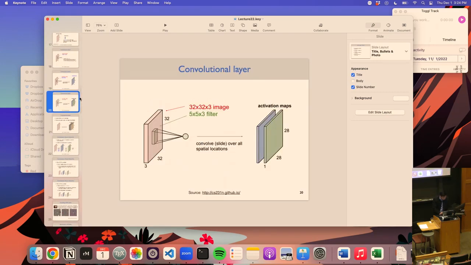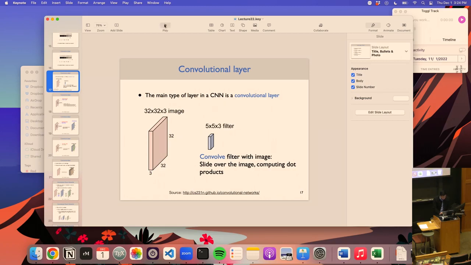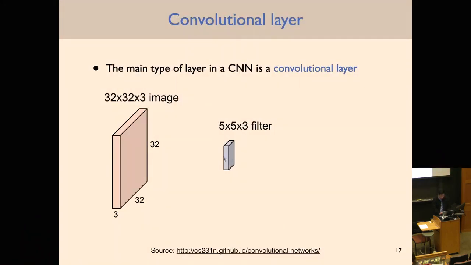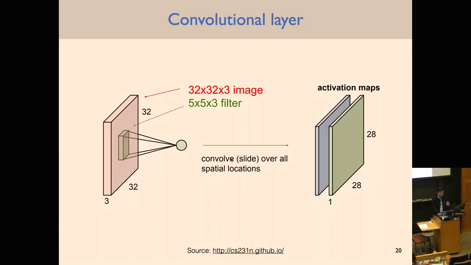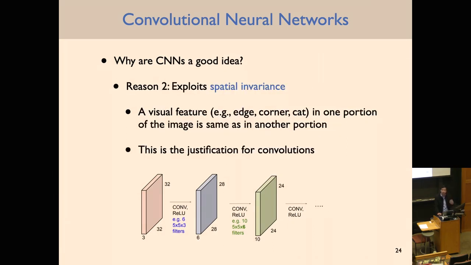The only thing that we're learning are the weights over here, the elements of this filter. And if we have multiple filters, then we're learning the parameters corresponding to all of them. But that's still a tiny number compared to what you get with a fully connected layer. Okay, so that's one reason.